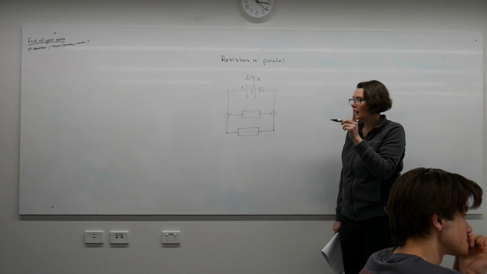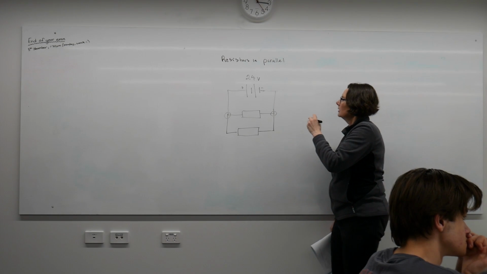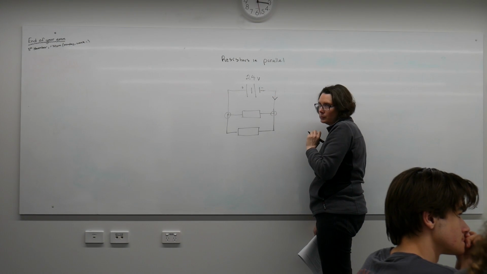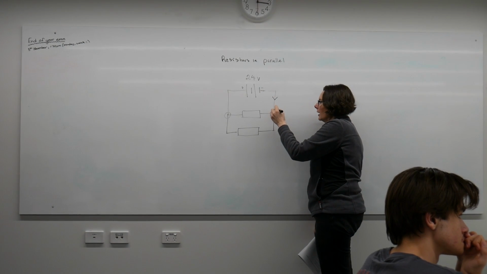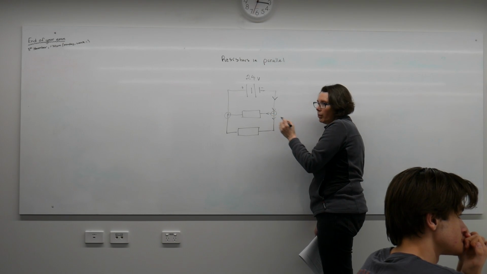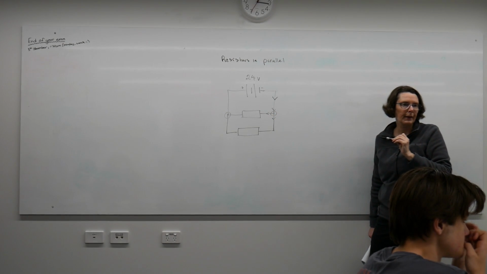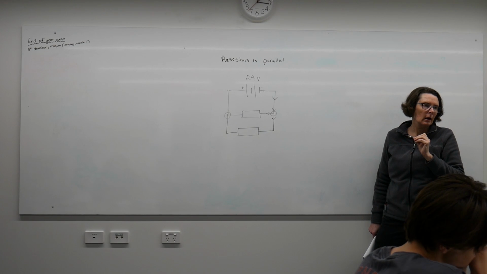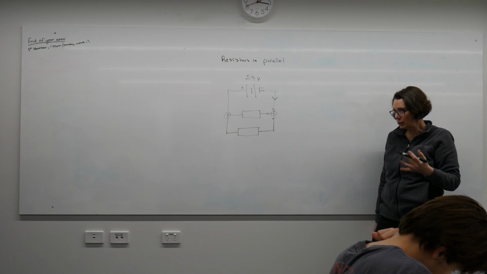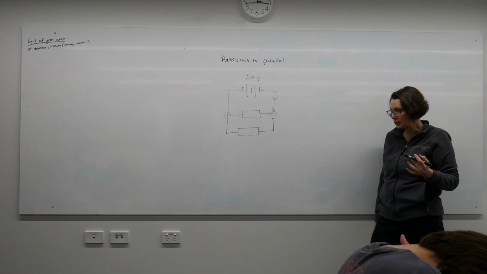There's not just one anymore. So if the electrons are going in this direction, as they come to this junction here, they can go that way or that way, can't they? And this changes things. We don't have that constant current anymore.